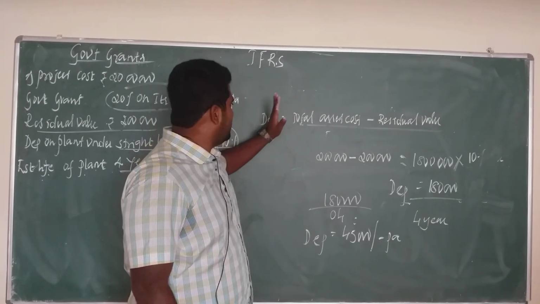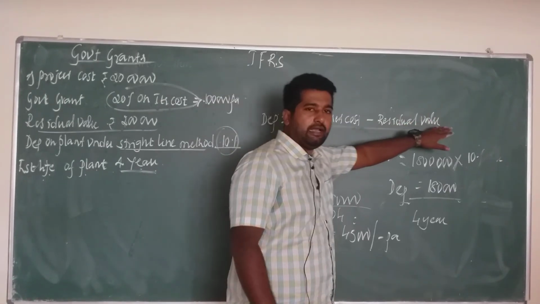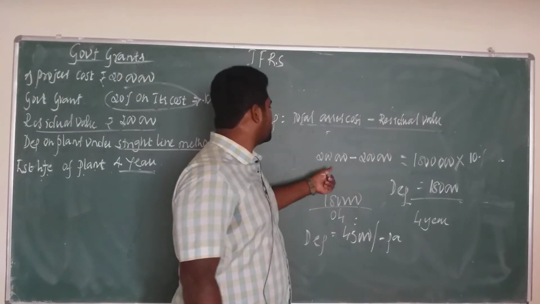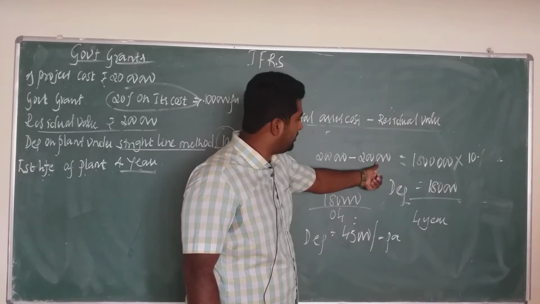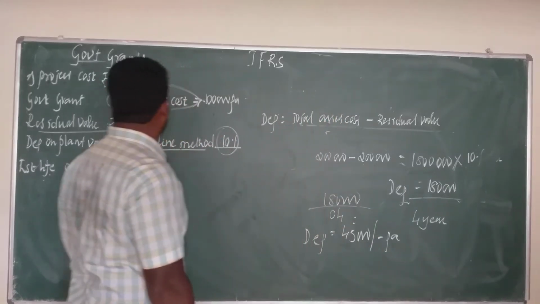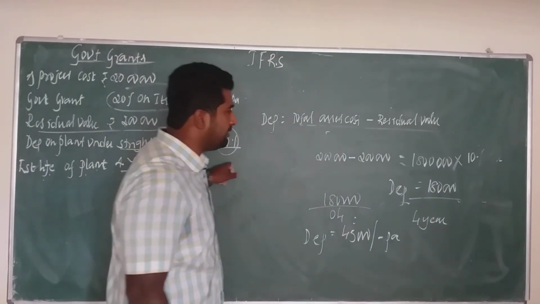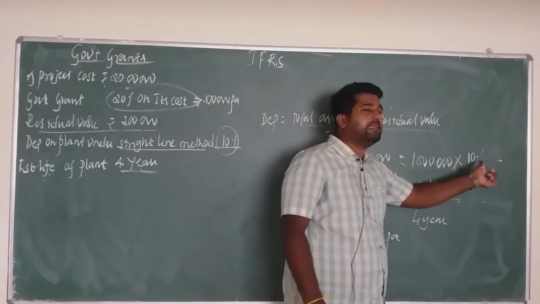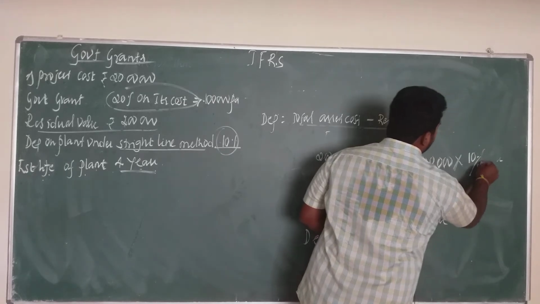Once again, let me check it. DEP is total asset cost minus residual value. Total is 20 lakhs minus 2 lakhs, the scrap value. Remaining is 18 lakhs. They are already providing the total DEP on the straight line method at 10%. So 18 lakhs into 10% is 1,80,000.